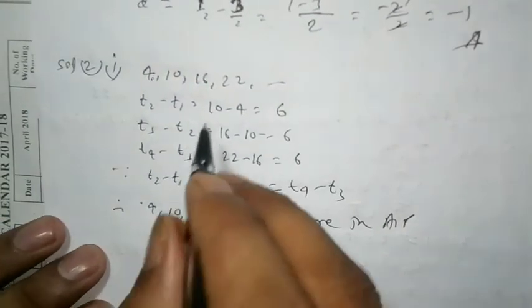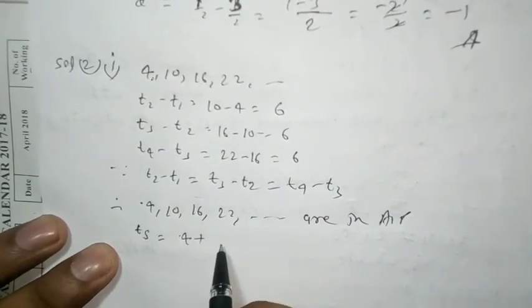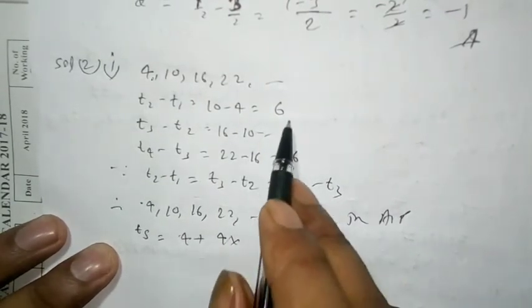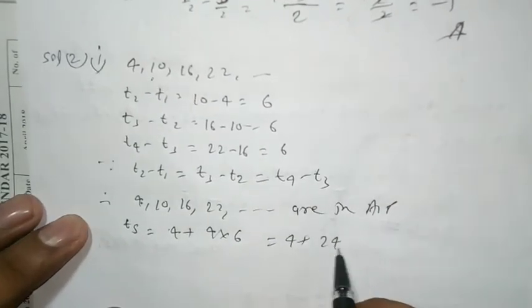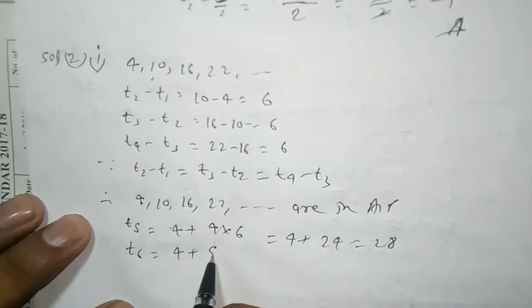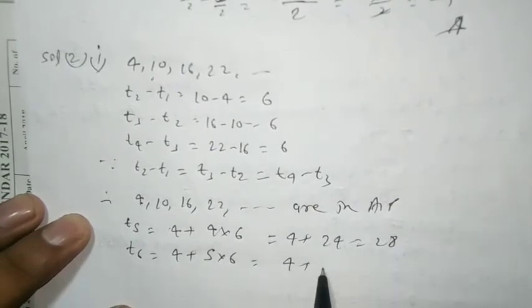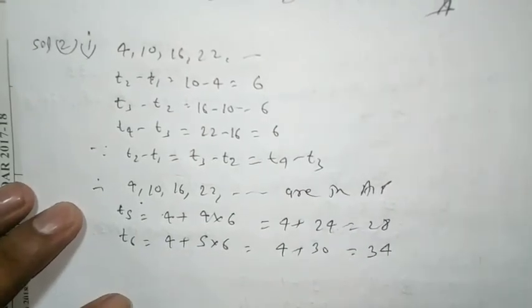Now we have to also find the next two terms. It means that the fifth term is equal to 4 plus 4 into, here D is equal to 6. So 4 plus 24 is equal to 28. T6 is equal to 4 plus 5 into 6 is equal to 4 plus 30 is equal to 34.